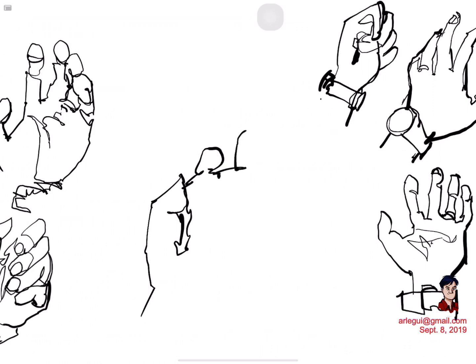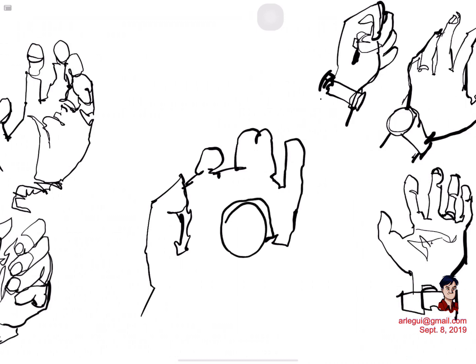Just tracing. Don't overthink it. Just concentrate and replicate what you see onto paper. Well, in this case, I'm using an iPad, but it's similar to this. I'm not doing any erasures.